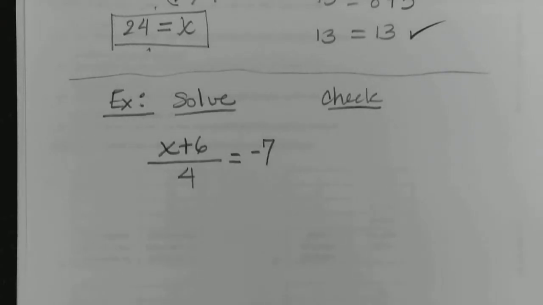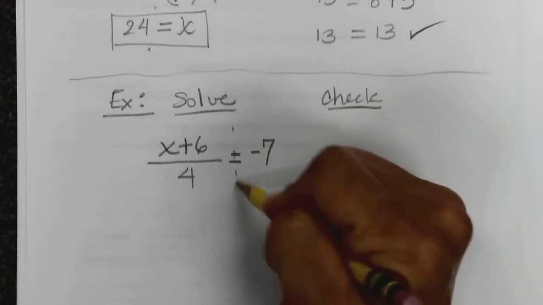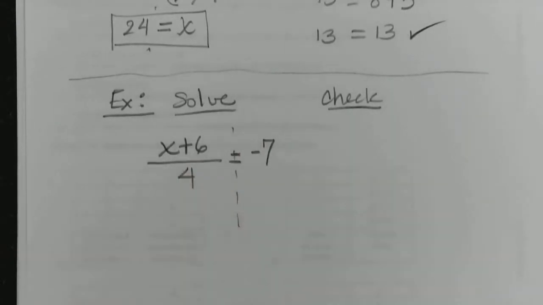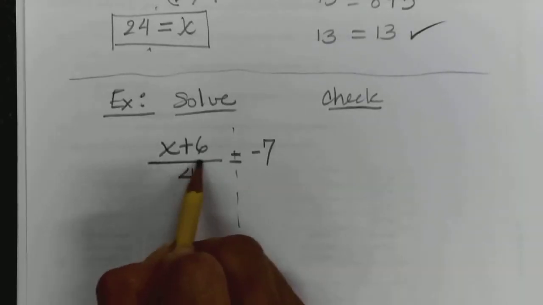Well, don't we have to put the line here or something? Yeah, we do that, but can I take that 6 away? Not yet. You have to do what? Multiply, because it's being divided. It's the other version of division.